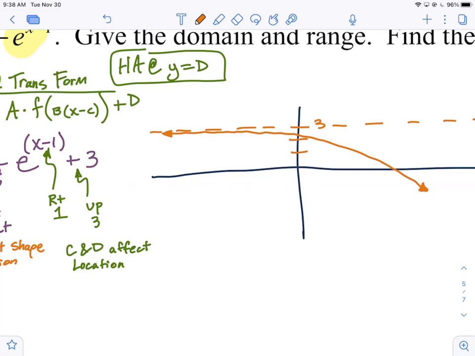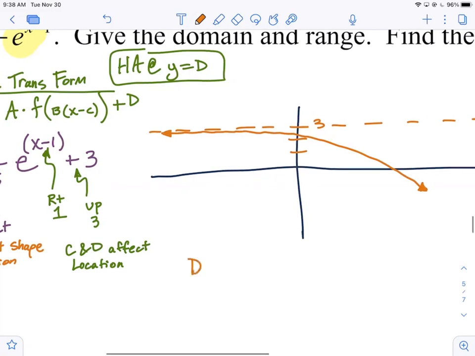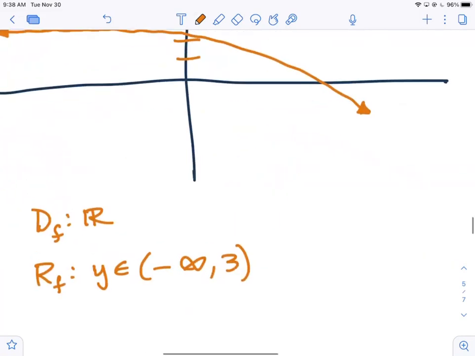Okay, now that we have this, we can answer questions like, what's the domain of this function? All real numbers. You can do that with your eyes closed, but what's the range? Less than 3, right? So negative infinity up to 3 with the what? Parenthesis or bracket? Parenthesis, right?